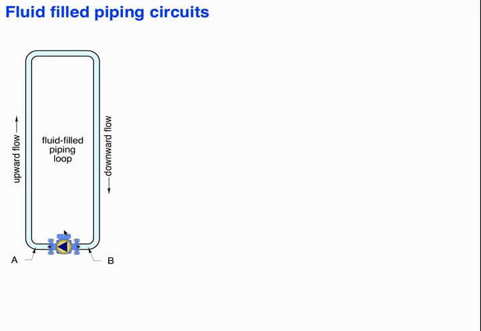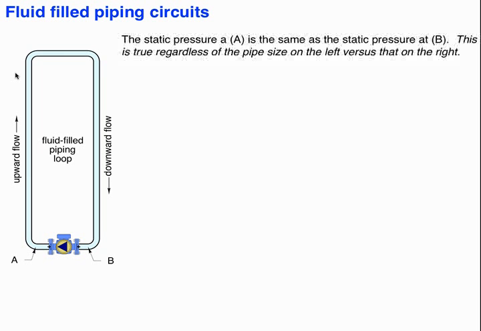And they're going to grossly oversize the circulator because they're making the assumption that that circulator has to lift the fluid all the way up to the top of that circuit. That's not what's going on here. We're going to fill this circuit with other means. We might use city water pressure as an example to push the fluid up and get the air out of the piping, and at that point we have a fluid-filled piping circuit.